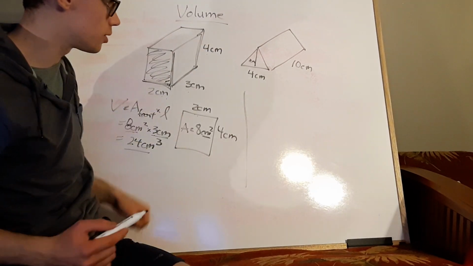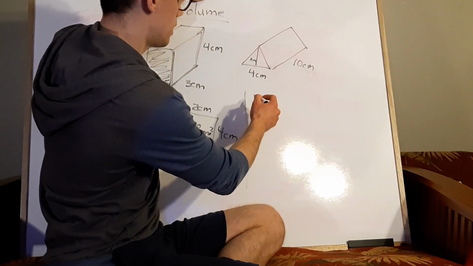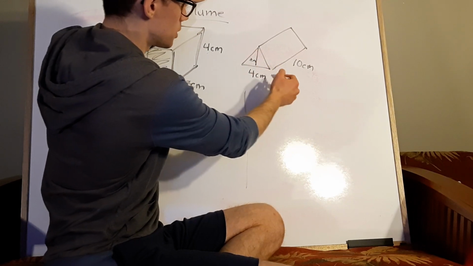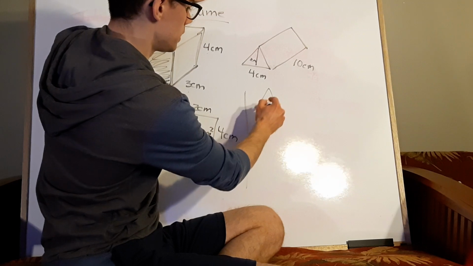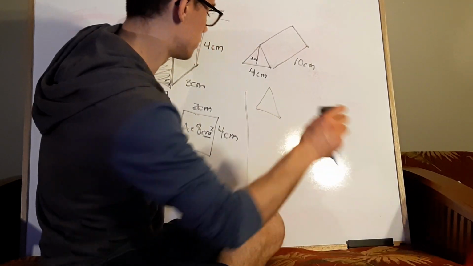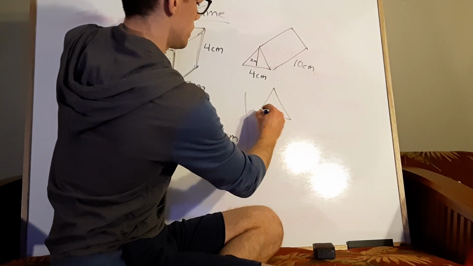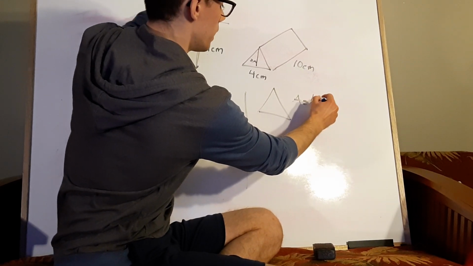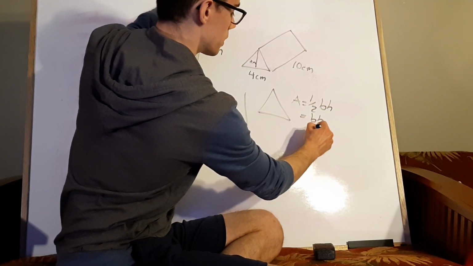For the volume of that triangular prism, we're going to have, again, the volume being the area of the front face multiplied by that length. So the area of that front piece, that front triangle, maybe I can draw that better. The area of that front triangle is going to be 1/2 times base times height, or base times height over 2, in other words.